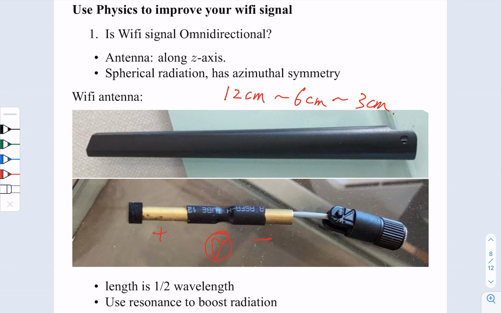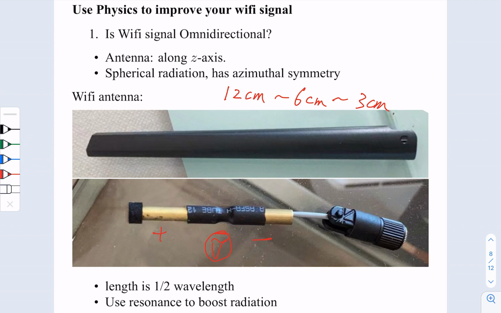Right now we are still not sure whether the radiation will be more along the z-axis, or whether the sides are stronger. If you don't know that, one guess will be that because the antenna is pointing in that direction, it's highly likely that the signal here will be strong, right?